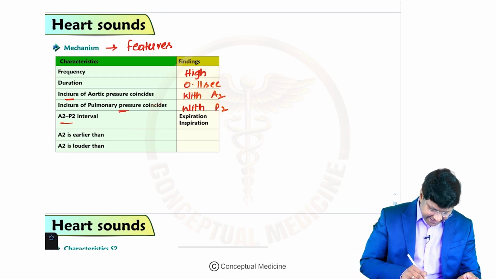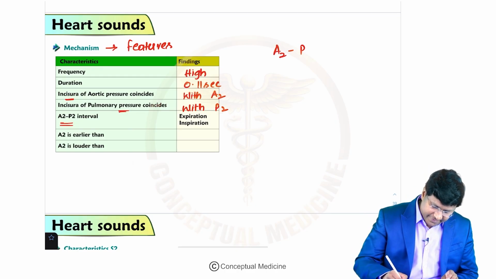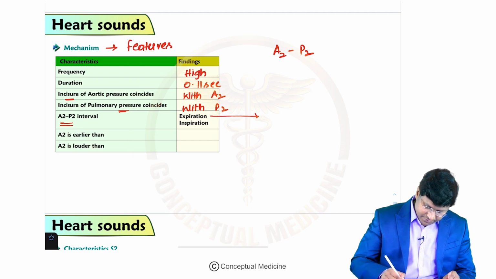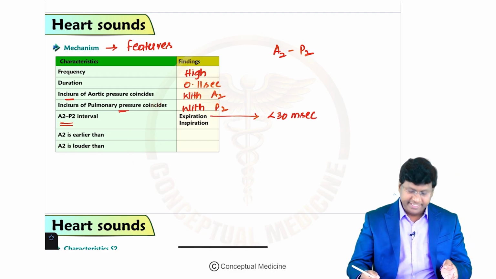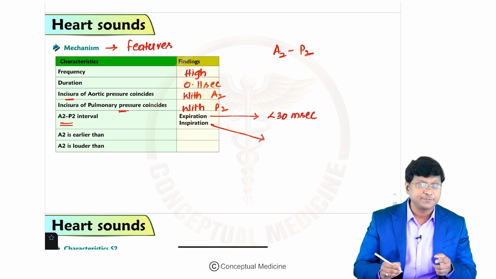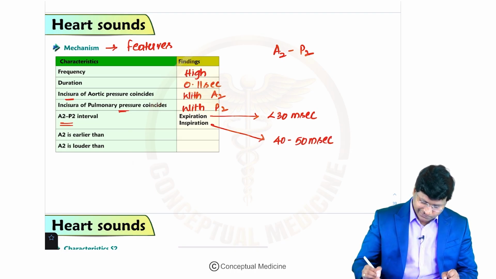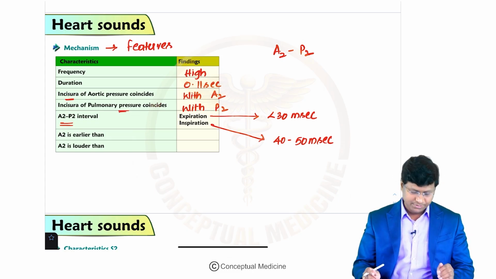And if you take the A2-P2 interval, the interval between A2 and P2, during expiration it is less than 30 milliseconds, whereas during inspiration it will be around 40 to 50 milliseconds.